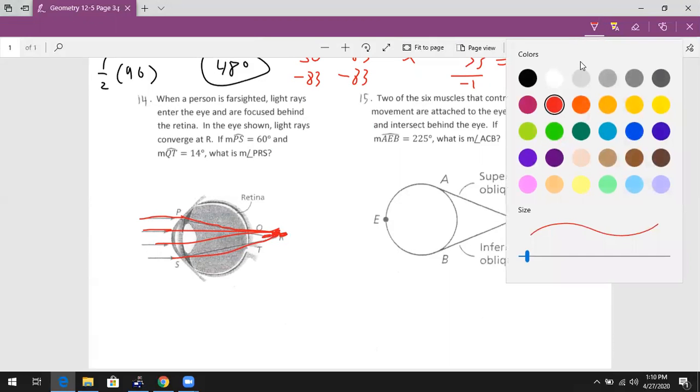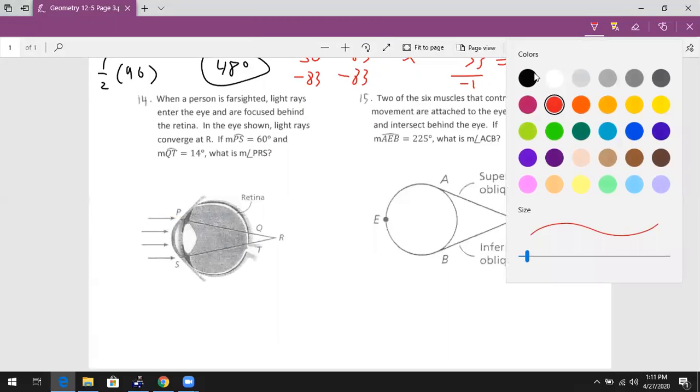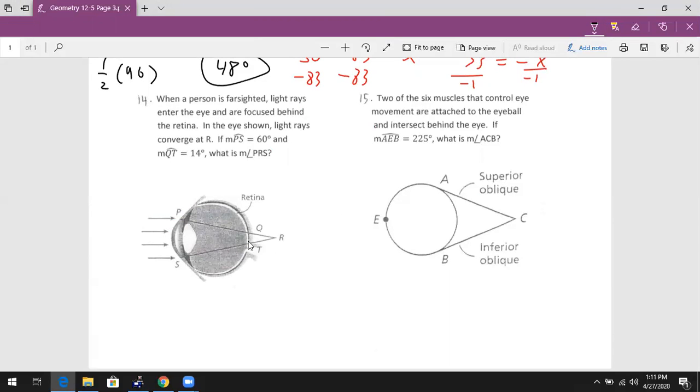Now, when we grow older and our eyes don't work as well, it doesn't always focus it to the same spot. And in this case, it's supposed to hit the retina, but it goes behind the retina. It says when a person is farsighted, light rays enter the eye and are focused behind the retina.